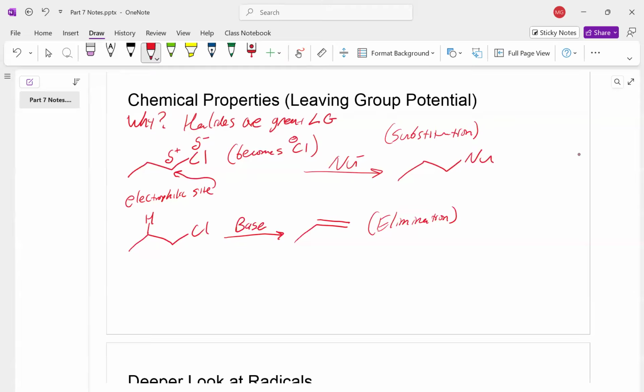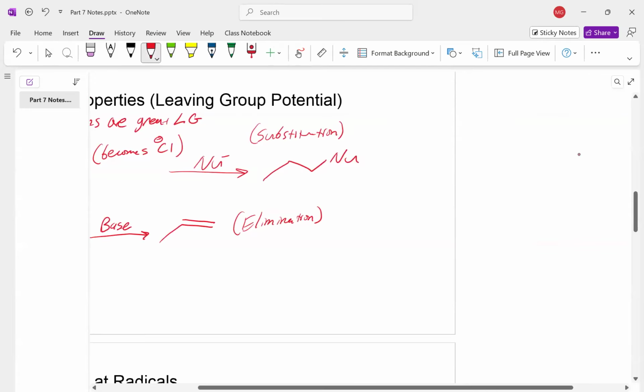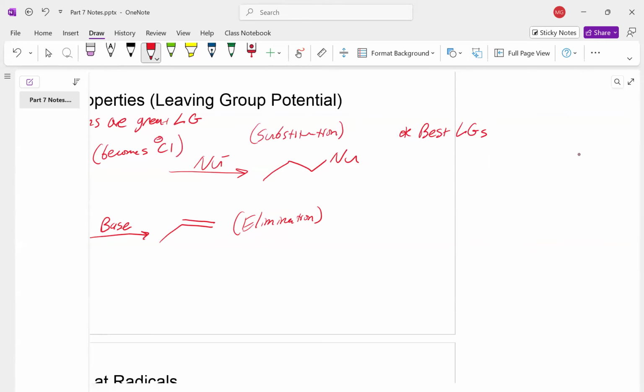But it's one thing to know what the good leaving groups are. It's another thing to know why. I've touched on why, but how can I recognize a leaving group? A good rule of thumb: the best leaving groups are conjugate bases of strong acids.